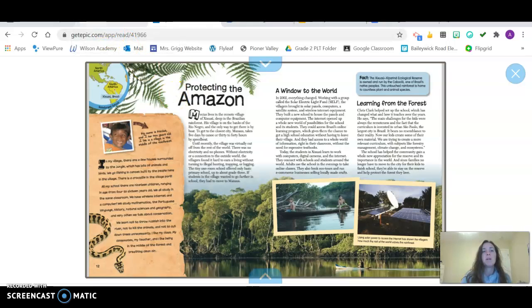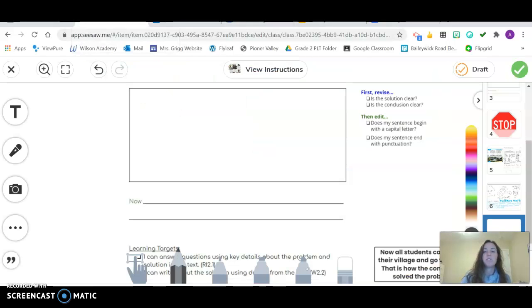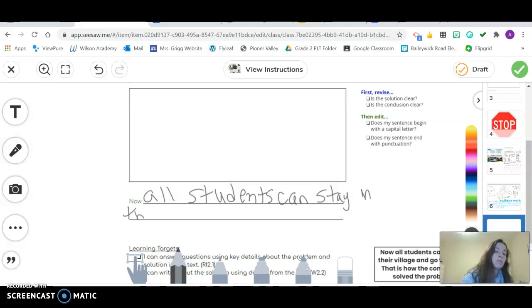So this gave people access to internet in their village. That's what I'm going to write. Now, all students can stay in their village and go to school.